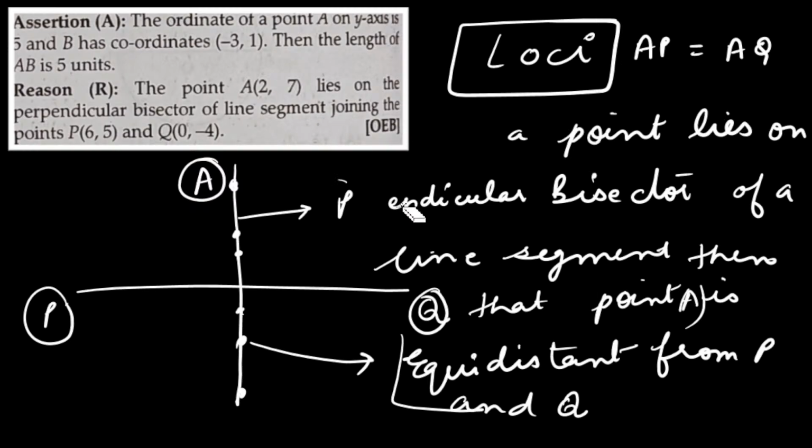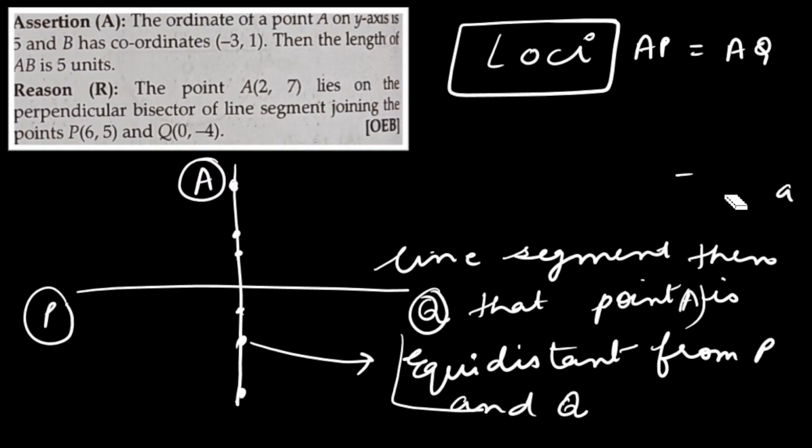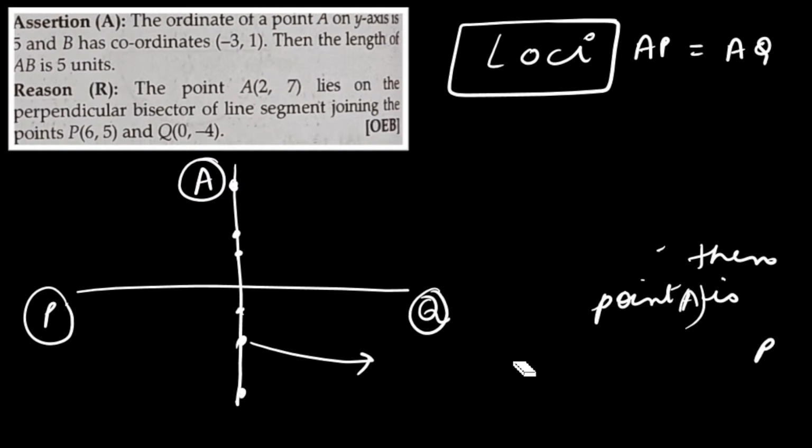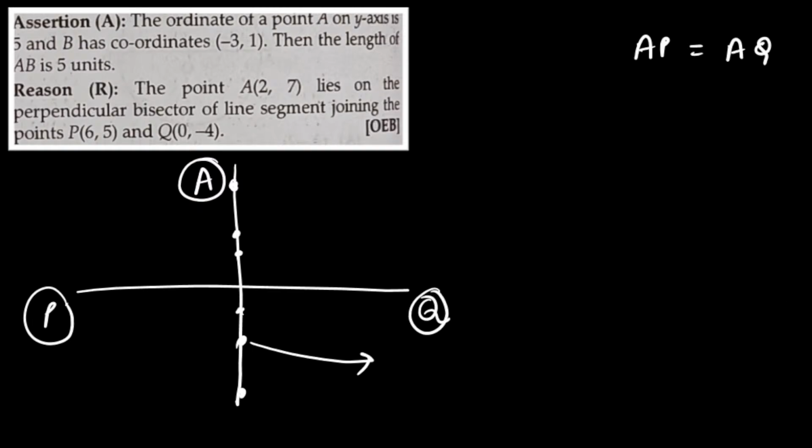So basically in this question we have to check whether AP equals AQ. So let us check that now. We have to find the distance AP as well as distance AQ. Both the distances should be the same. Distance means length here.